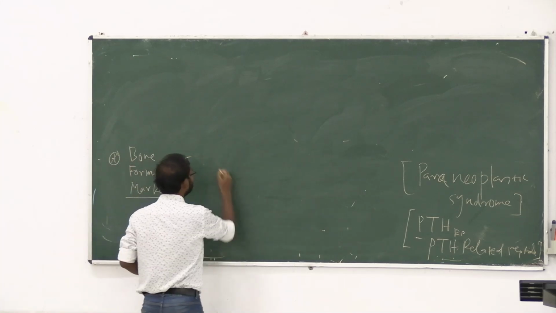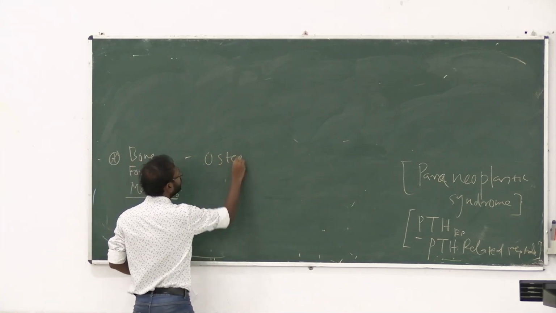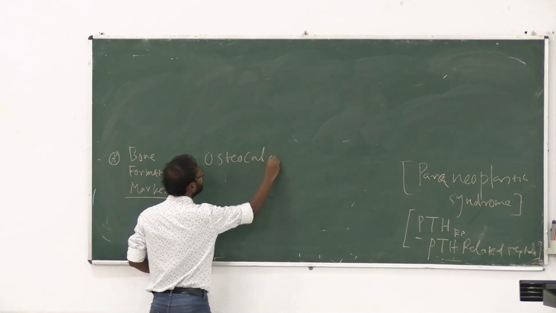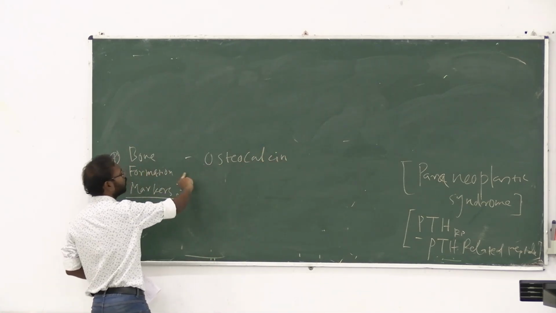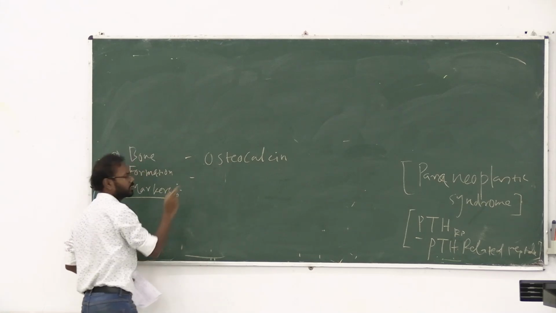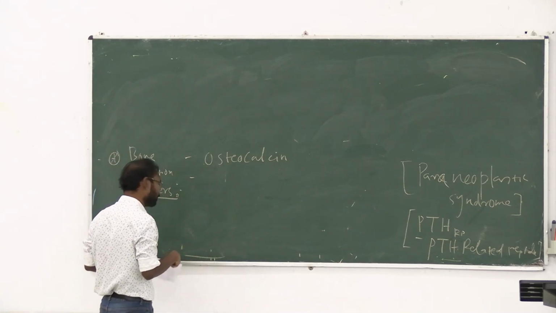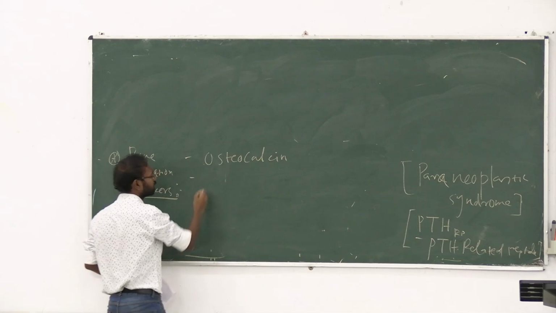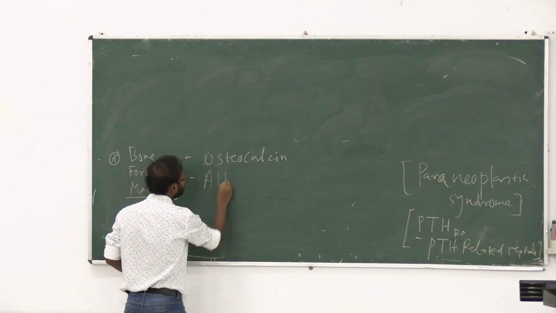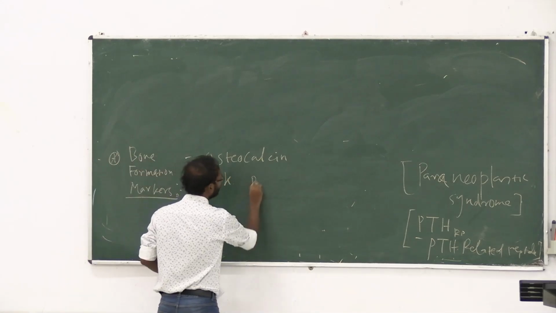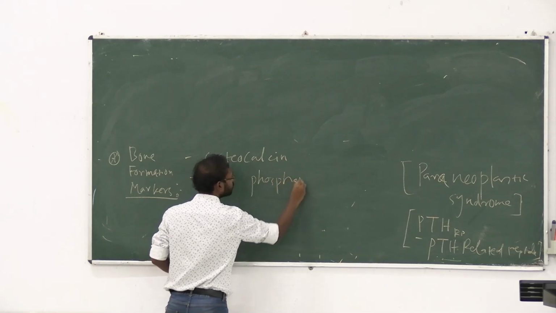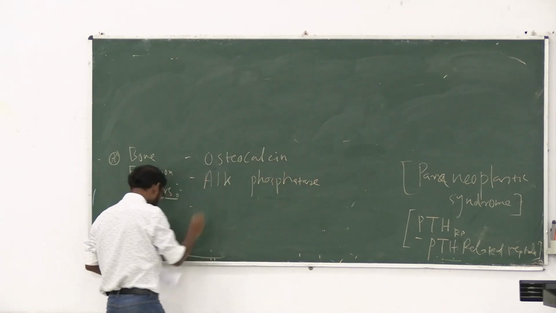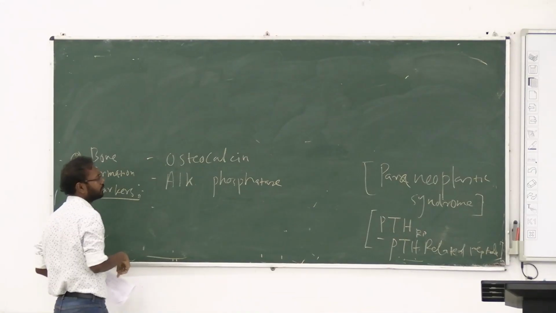Write osteocalcin. Remember, osteo means bone, calcin calcium, osteocalcin. First bone formation marker. Second bone formation marker, I have already told you this, is alkaline phosphatase. Write alkaline phosphatase. And third is propeptides of type 1 collagen.